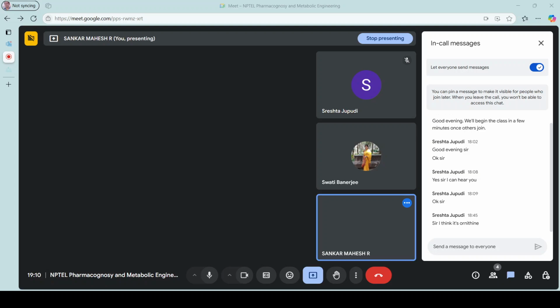Now, other than this, any idea why this pathway will be very difficult to express in a microbe like E. coli? Okay, so does E. coli have an ER membrane?